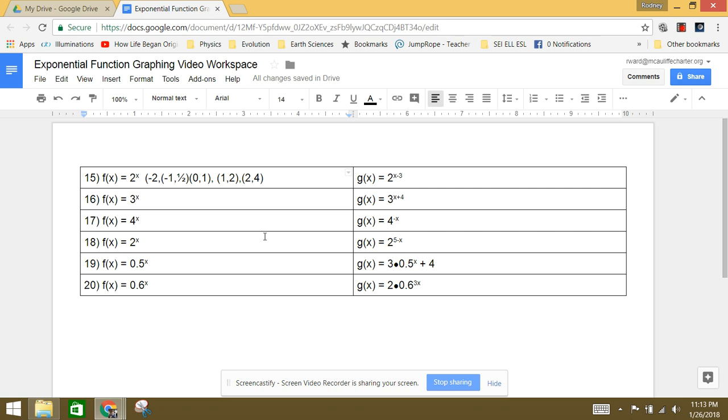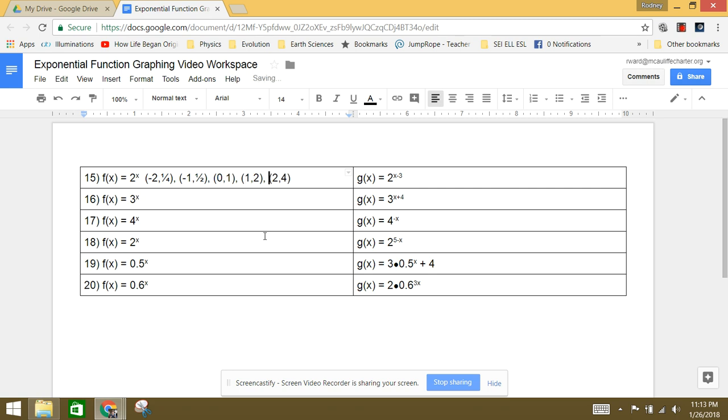So 2 to the -2 power is 1 over 2 squared, or 1 over 4. So we now have 5 points we could plot. Okay, so that's great. We have what we need to plot a graph for number 15.